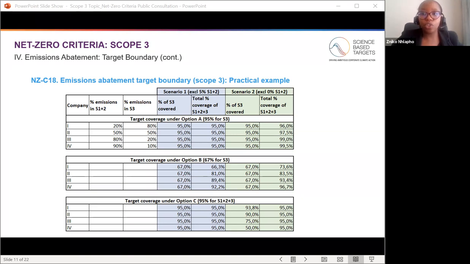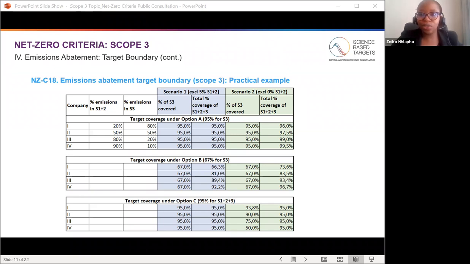Also take note that in scenario 1, companies exclude 5% of their scope 1 and 2 emissions from the target boundary, so that's 95% coverage. While in scenario 2, companies exclude 0% of their scope 1 and 2 emissions, so this is 100% coverage.